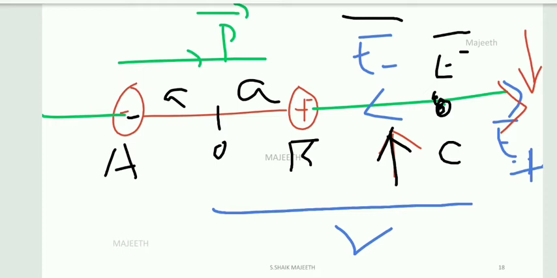Now we derive. First we derive the electric field at point C due to the positive charge plus Q. So I write it as E plus. E plus is nothing but the electric field at point C due to the point charge Q. We know that electric field is given by Q by 4 pi epsilon naught R squared. Here instead of Q we have plus Q, no problem.